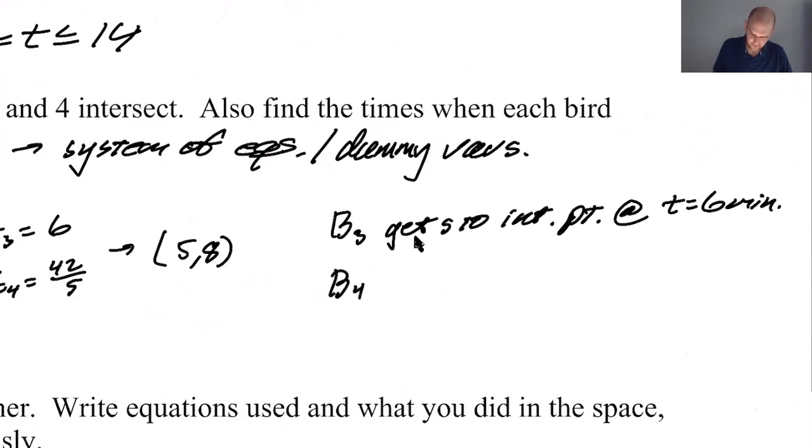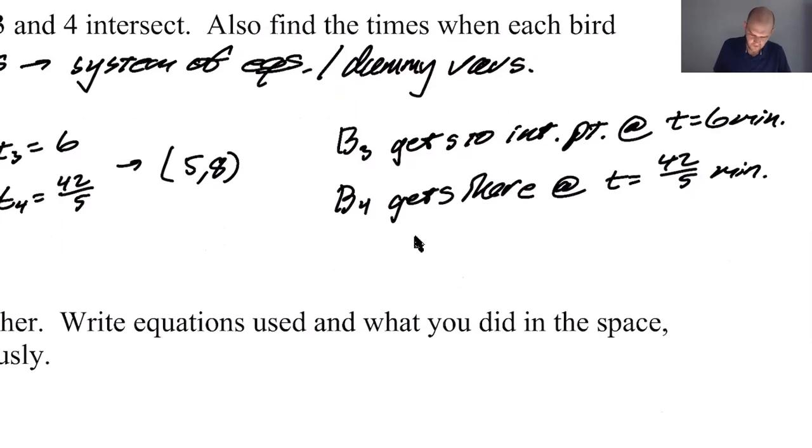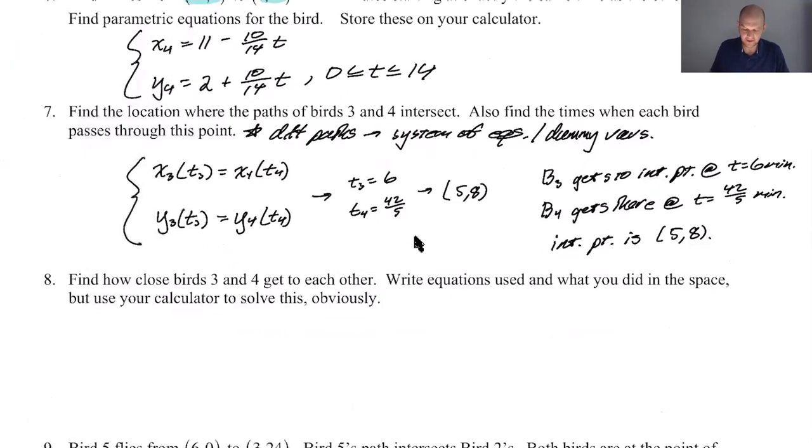Bird 4 gets there at t equals 42 over 5 minutes. You kind of want to use exact values whenever you can. The intersection point is 5, 8. Okay, so I'm going to stop the video here.